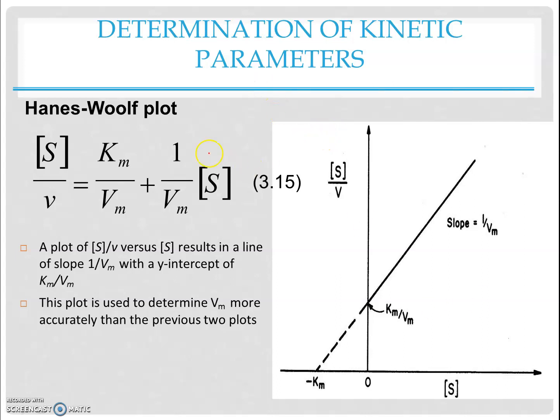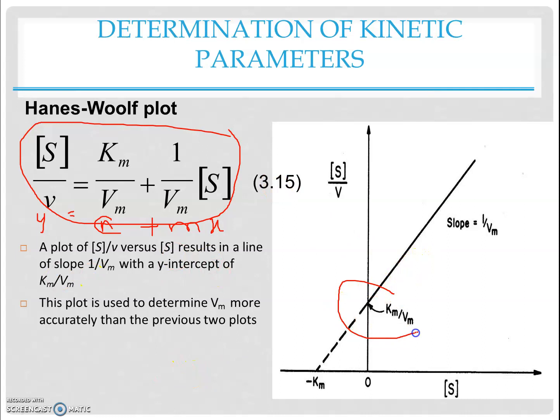Equation 3.15 is also a linear equation of Michaelis-Menten. Similarly, this is Y, this is C, this is M, and this is X. From the plot, the interception at the y-axis is Km over Vmax, the slope of the plot is 1 over Vmax, and the interception at the x-axis is negative Km.